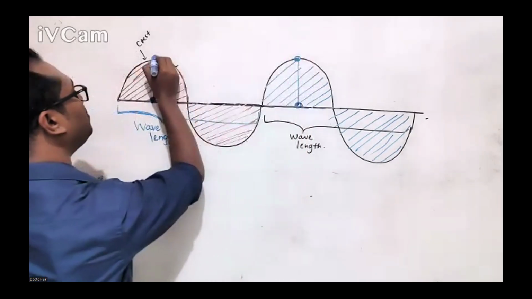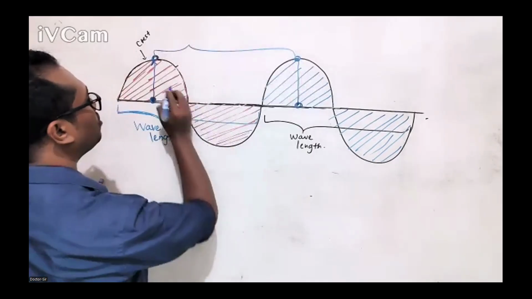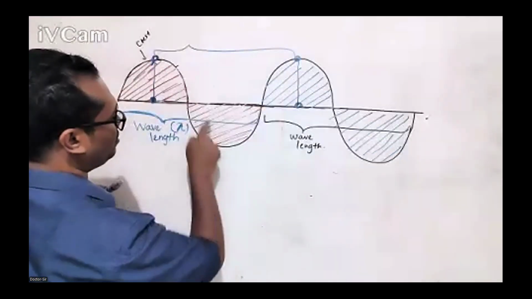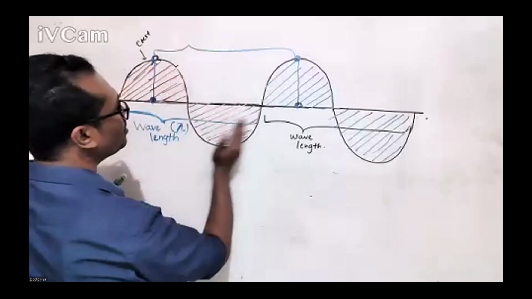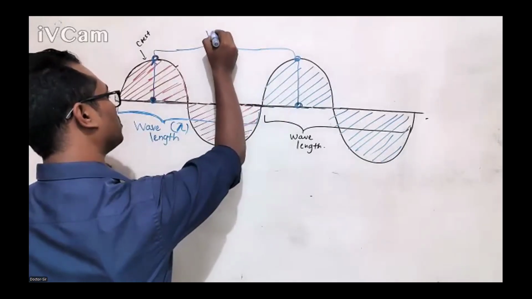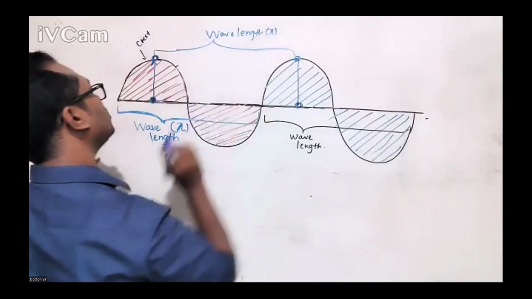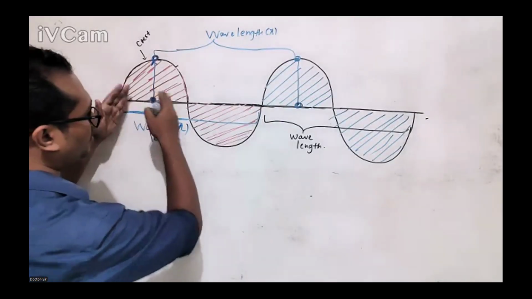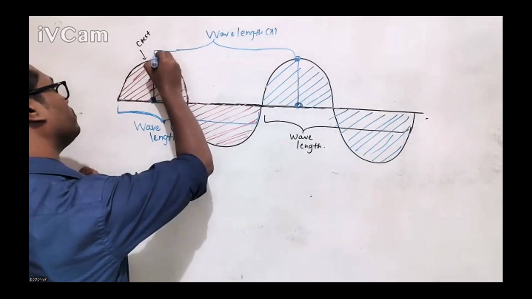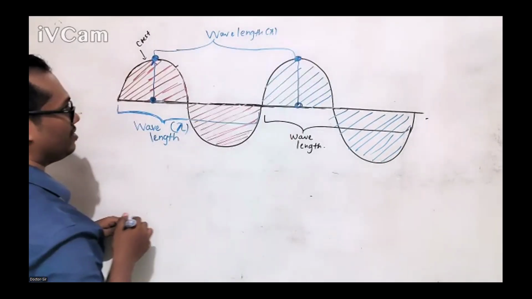So in between these two, that length is also a wavelength. You can see here half crest, here half crest, and here one trough, so it's also one wavelength. Now you can understand this is also a wavelength. Wavelength means you can find it anywhere. The simple thing is one crest and one trough. Then you can consider any consecutive points; in between, that length is the wavelength.